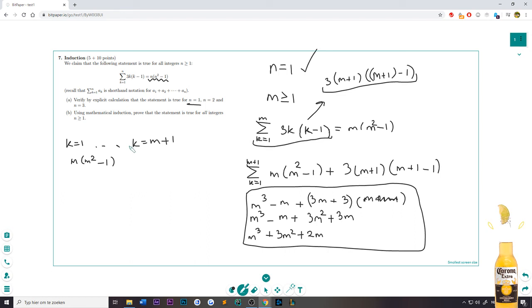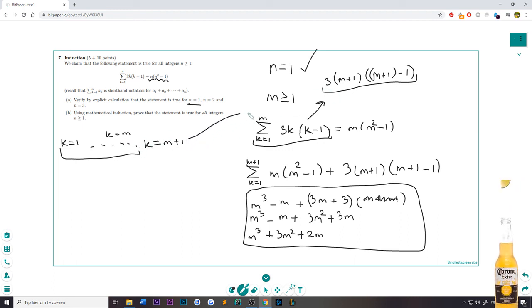And because we still have k is m here, the summation where k is 1 all the way to k is m plus 1 still has this part, which goes until k is m, and then here we have m plus 1.